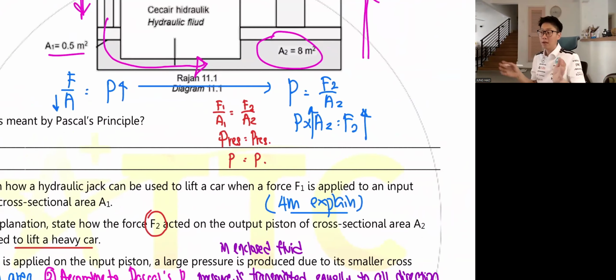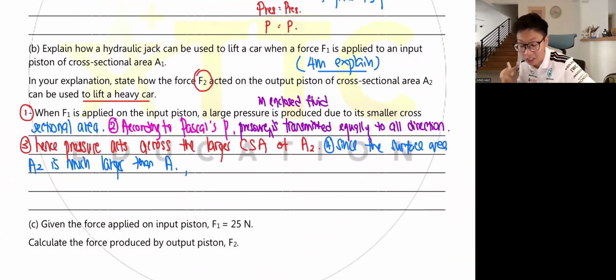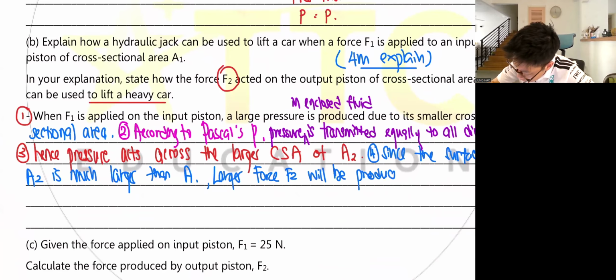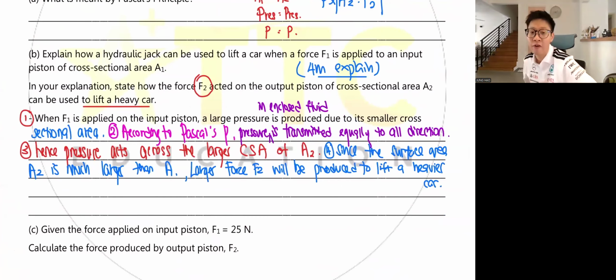When your A2 is very big, the force that you produce is also very big. So that's why, since the surface area of A2 is much larger than A1, a larger force F2 will be produced to lift a heavier car.